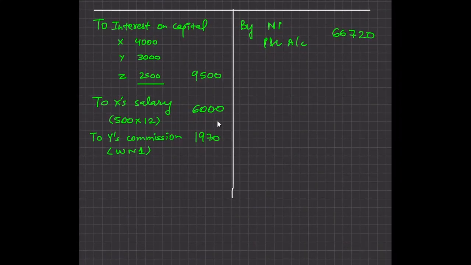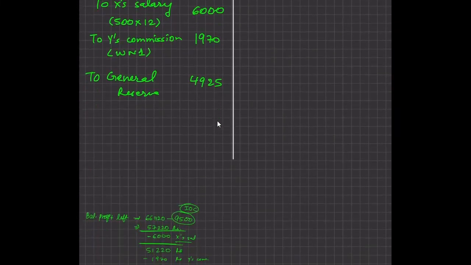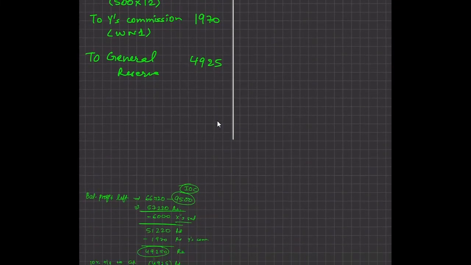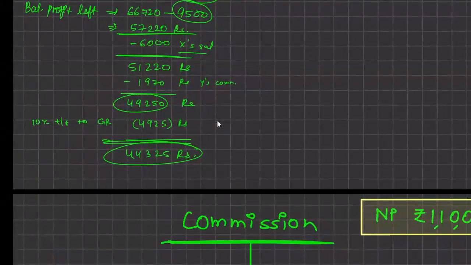We need to debit the P&L appropriation. So here I will write: To general reserve. It is 4,925. That is being transferred to the general reserve. Now the balance profit, it is 44,325.